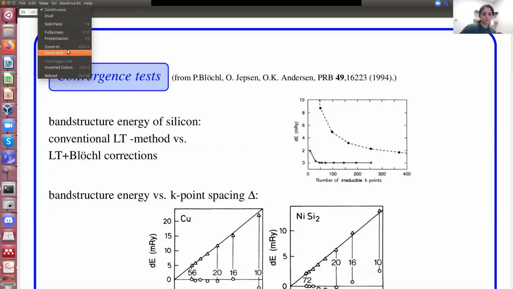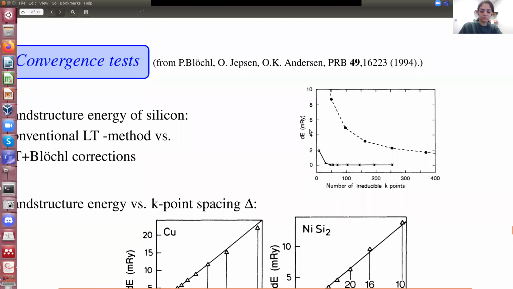So this is the number of irreducible k-points, and this is the delta E. This delta E is the difference of energy between probably the previous step and the next step. It just gives you an idea about the convergence of your system.